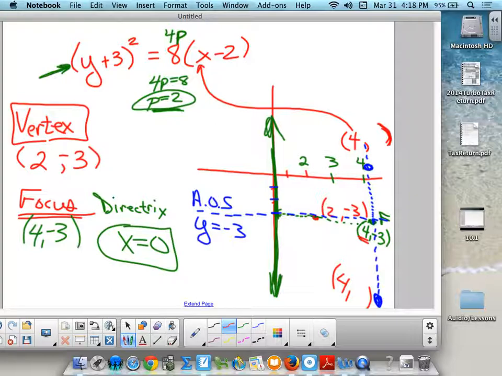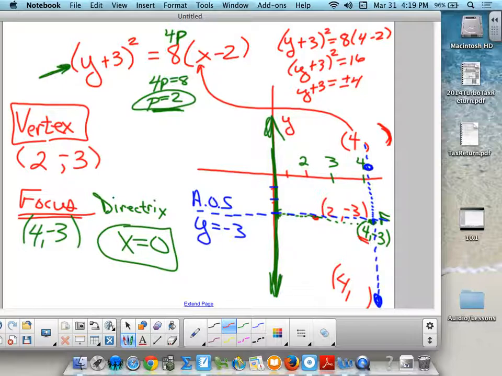Okay, so we will get, here we go, y plus 3 squared equals 8 times 4 minus 2, which is 2 times 8, is 16. Square root of both sides, you get plus or minus 4. y plus 3 equals negative 3 plus or minus 4.